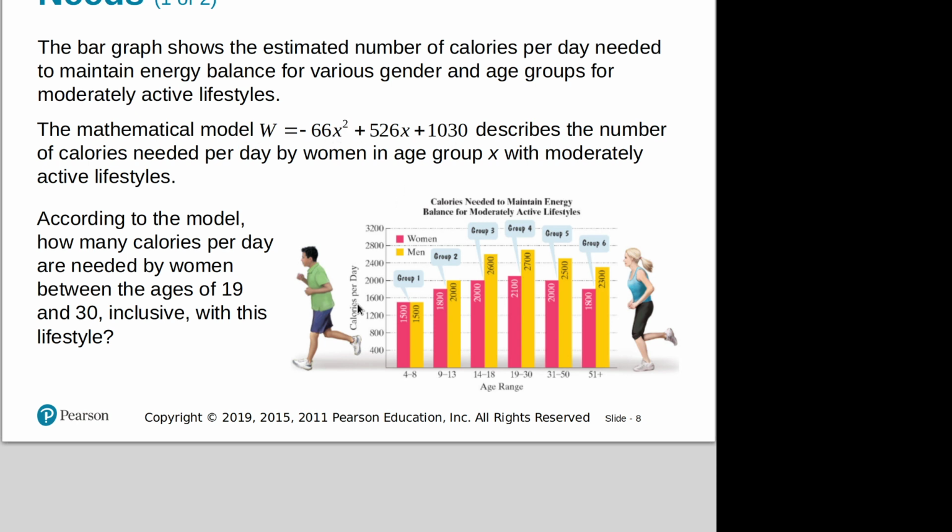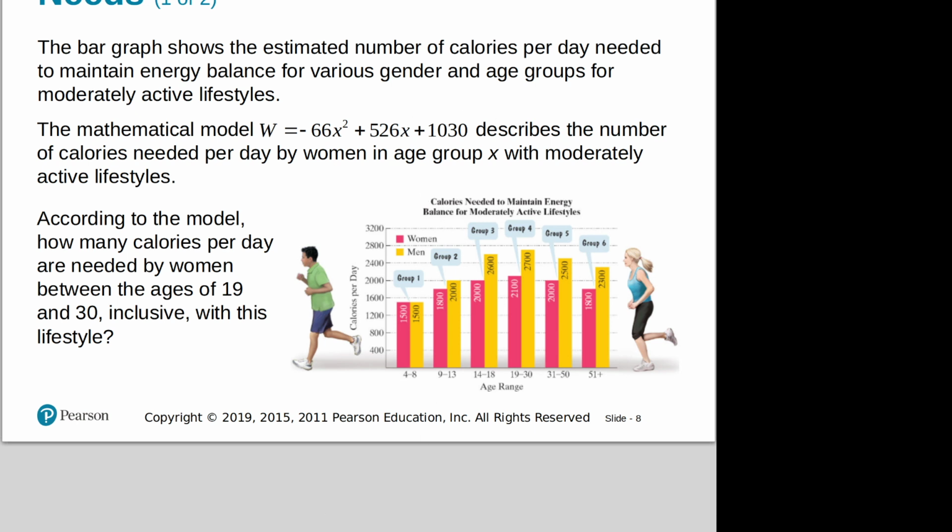They're able to put a formula here by matching the shape of the graph to known functions. That's part of what we learn in mathematics, the different types of functions that shape our graphs. This function is the mathematical model for the number of calories needed per day by women in an age group with moderately active lifestyles. The graph can be represented by these numbers.